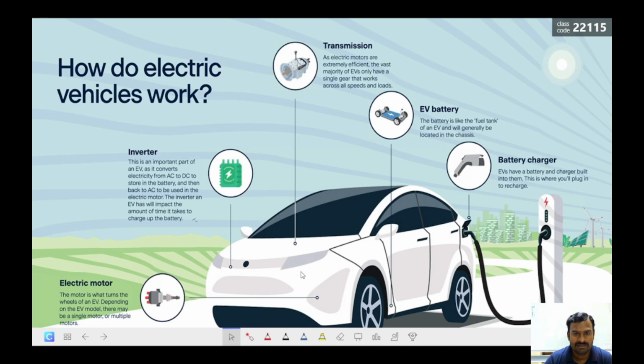So the speed can be changed for this electrical vehicle. Once the motor is running, it is connected to the transmission unit. This transmission unit is connected to the wheels of the car, so that the electrical car starts moving. So this is the general introduction about how the electrical vehicle works or moves.